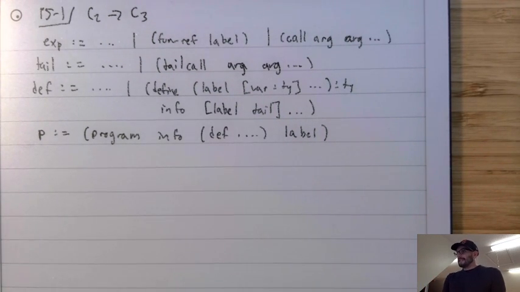Okay. Now the next thing that we need to do is actually do the econ pass. So the econ pass only has a few special things that we need to do.